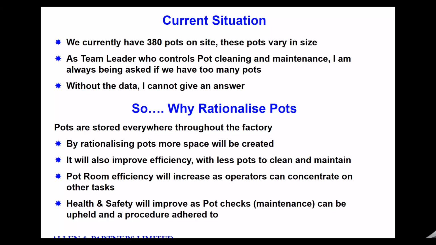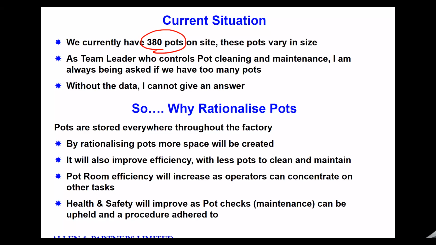Okay, the current situation. Now this is an ink manufacturing company, and currently it says they have 380 pots on site, and they use these things to mix the ink in, and they're all various sizes. I think the ink gets mixed in a pressurized situation, so they have to be inspected. They also have to be maintained. They've got wheels on the bottom, and that's part of the way that the process works.